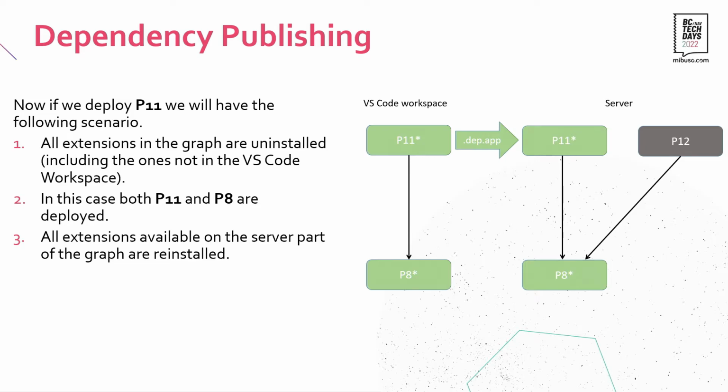So if you want to publish P11, we will publish P11 with that dep.app file. What we will do is we will uninstall the whole graph. We will publish both P8 and P11 in the right order, P8 first, then P11, compile them, and then install P12 back. Why is that needed? So we can get all the data updated.